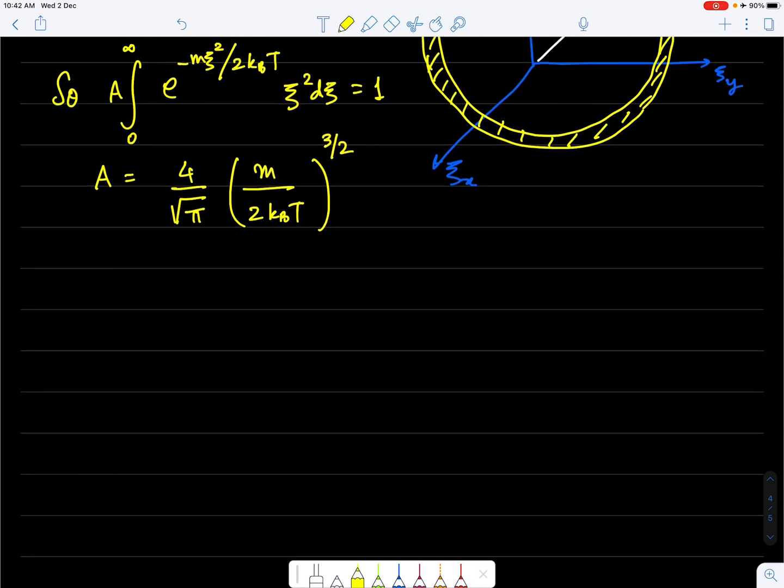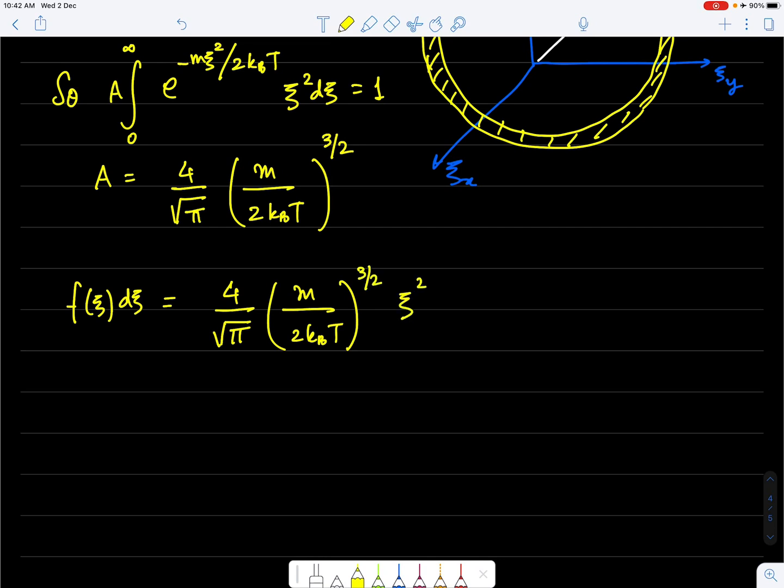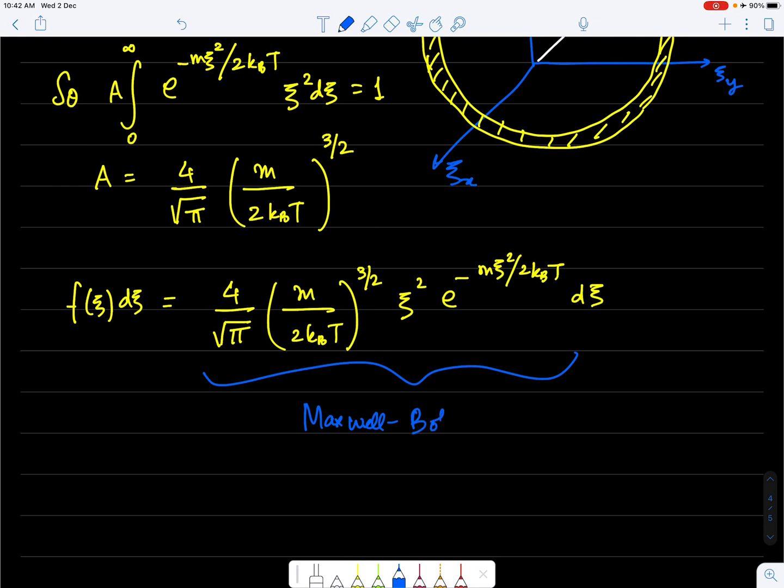And so the probability, or the number density, will be written as 4/√π (m/2k_BT)^(3/2) ξ² e^(−mξ²/2k_BT) dξ, which is the celebrated Maxwell-Boltzmann distribution.